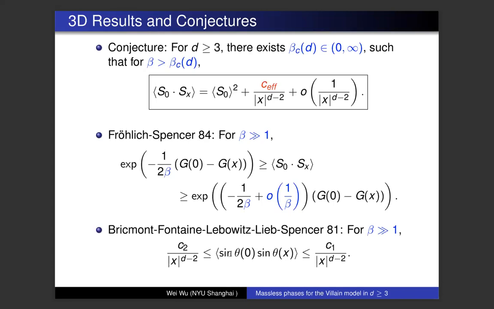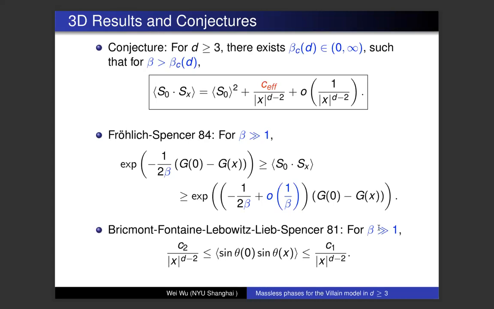In that case, you could look at the vertical component of the spins. They form some kind of what they call transversal spin waves. And in this work, people also obtained the upper and lower bounds for the transversal spin waves. It's bounded by 1 over x to d minus 2, but with a different constant.